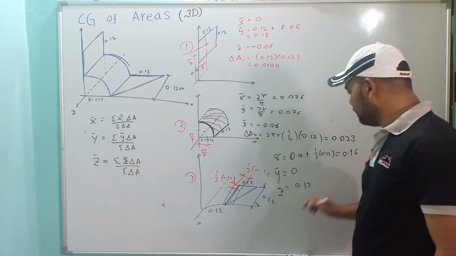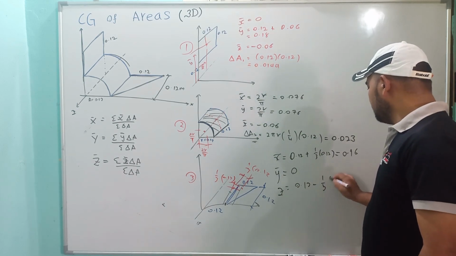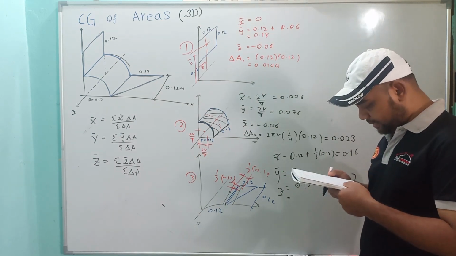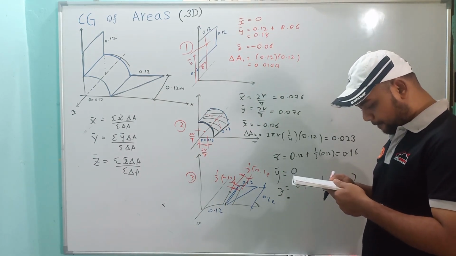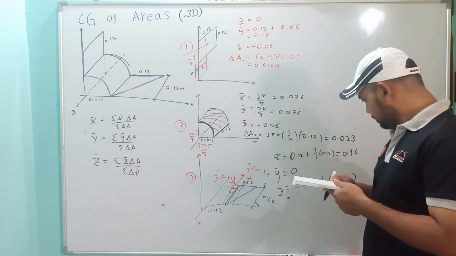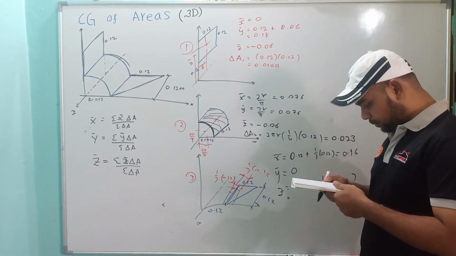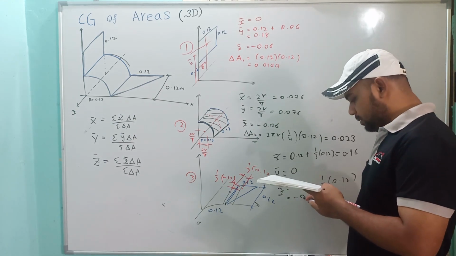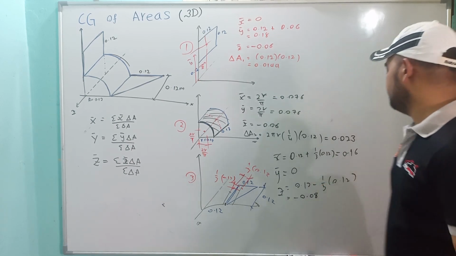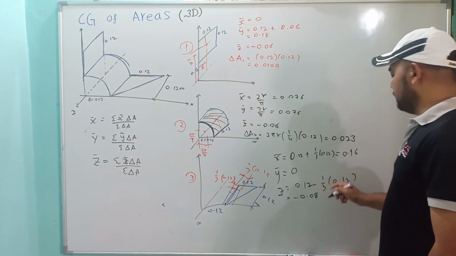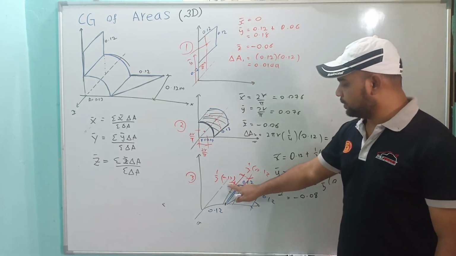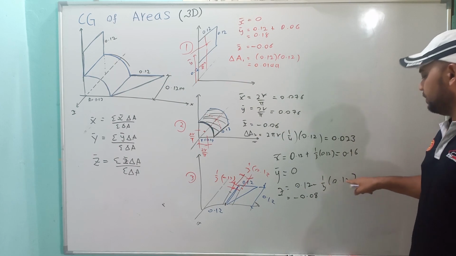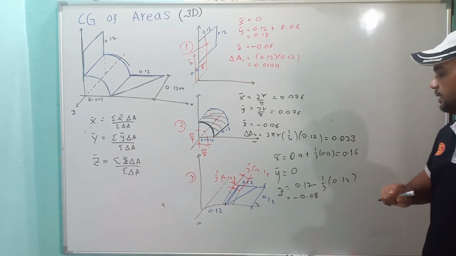We want to minus this one, so minus 1/3 of 0.12, so Z bar is minus 0.08. Or you can also use, this is 1/3, so the rest is 2/3, so you take directly 2/3 times this one, you get also this answer.